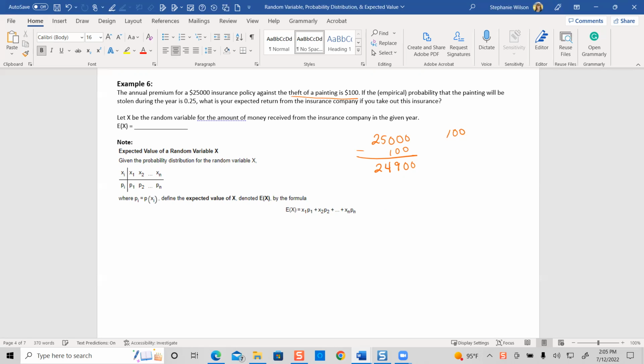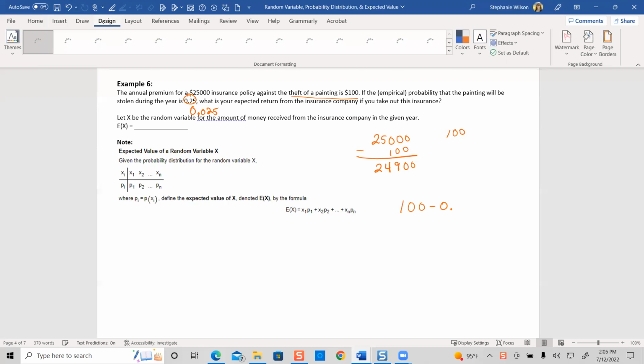Okay, so since there is a 0.025 chance, and this actually needs to be 0.025, that the painting will be stolen during the year, the chance that the painting will not be stolen is going to be, actually, you don't take 100, you take 1 minus that.